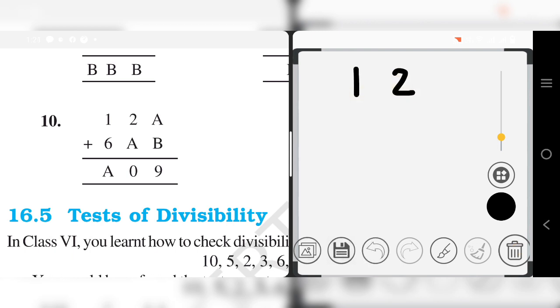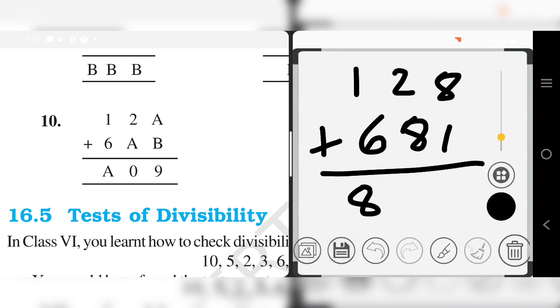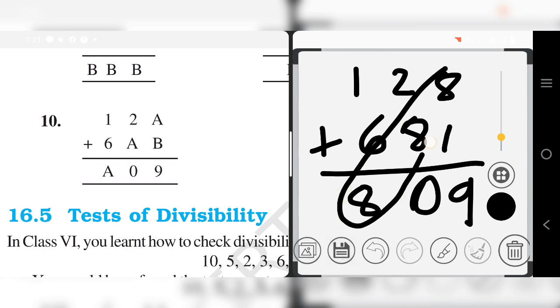1 2 8 plus 6 8 1 is equal to 8 8 0 9. So see here we got 8, 8, 8 and 1 B here.